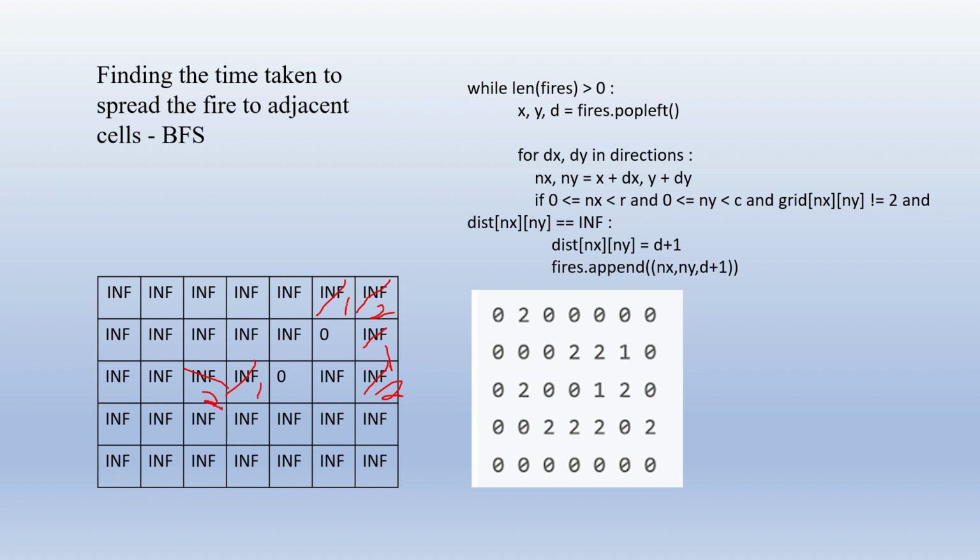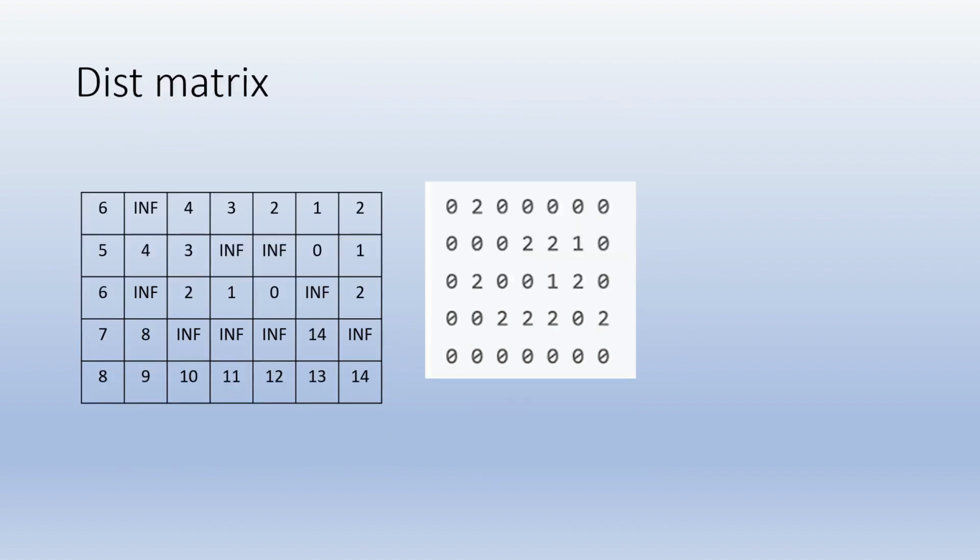Time is equal to 3. This is 2. Time is equal to 3. This fire cell gets fired, and this cell will spread to this cell, and so on. Like this, if we find the number of minutes taken to spread the fire using BFS, we will find all the grass cells to reach the fire.